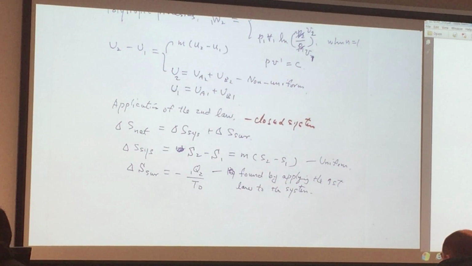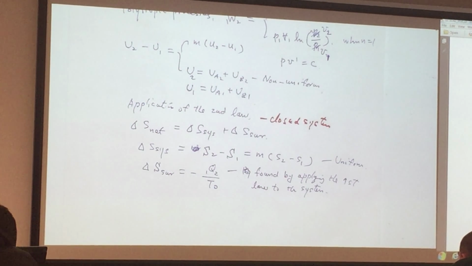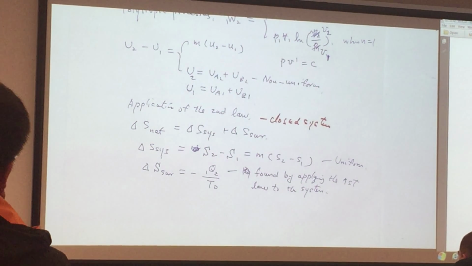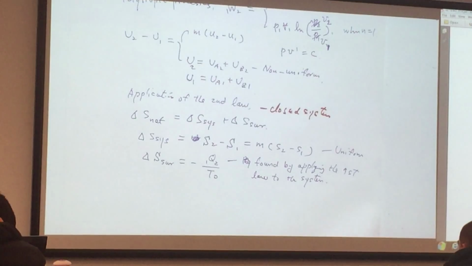For mass transfer across the boundary, the energy change is related to enthalpy change. And for system energy change, it's internal energy change. So that's for closed systems.